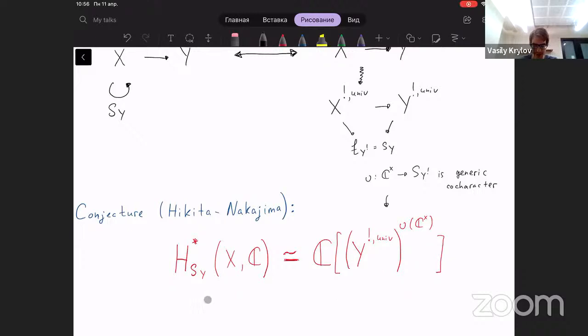Note that both of these algebras are algebras over functions on the algebra of this S_y. Any questions about this conjecture? Is there some simple reason why these two algebras should be related by any means? I think this is a question for physicists.